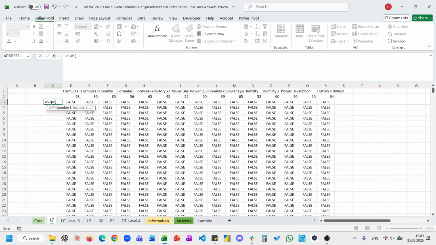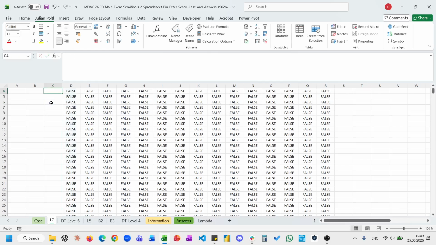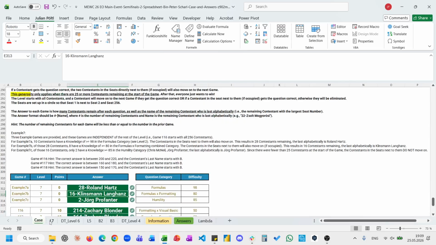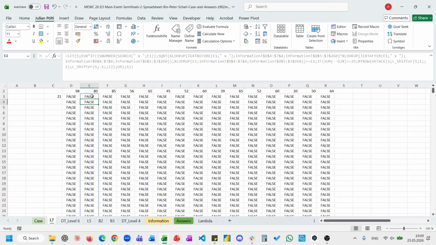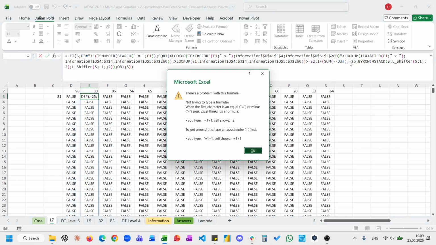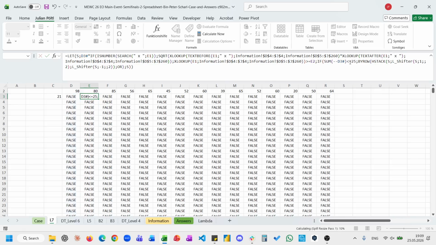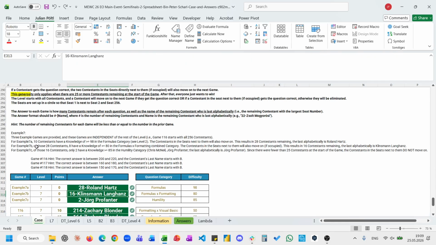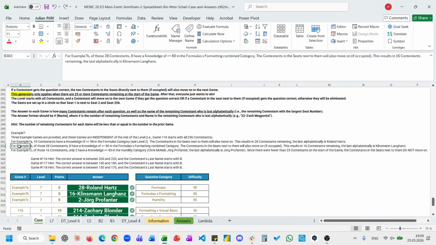So here's some minus. That's 28. But here, 21 is wrong. It should be 16. Okay, so let's quickly overwrite this. This is right. 8 contestants have knowledge.